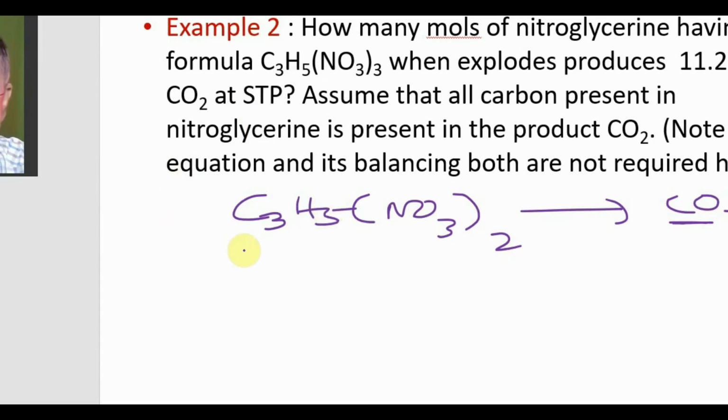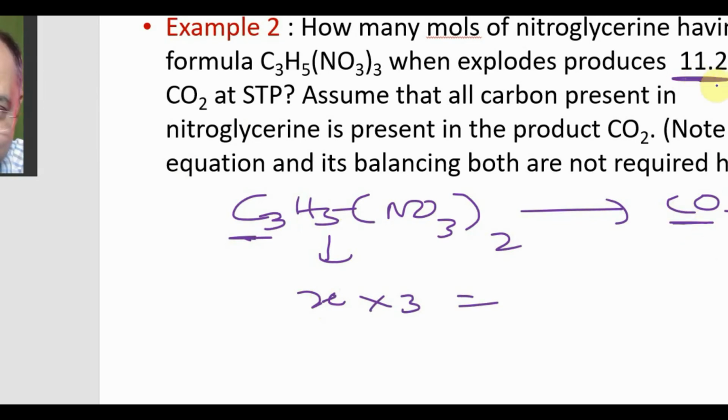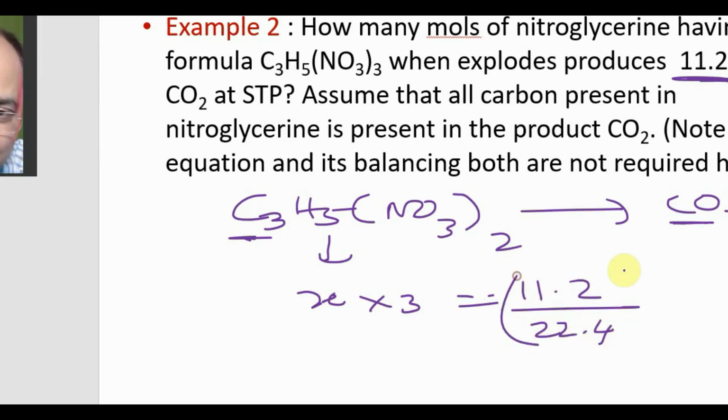So what happens here, supposing the number of moles of this huge compound is X. So X into 3, there are 3 carbons. And this is carbon dioxide, the number of moles is given. 11.2 liters means half a mole, since the molar volume is 22.4. So into 1. By solving, you get X equals 0.5 by 3.